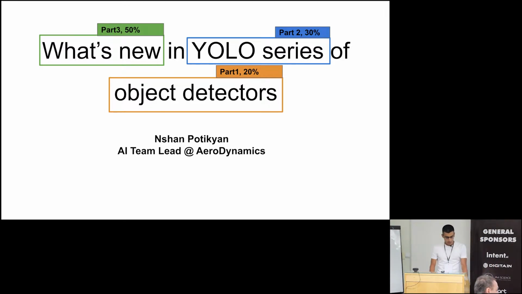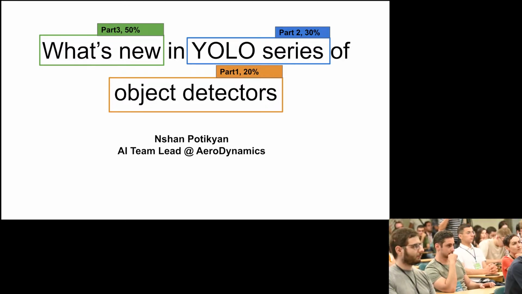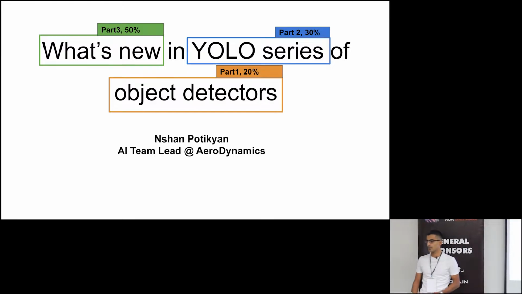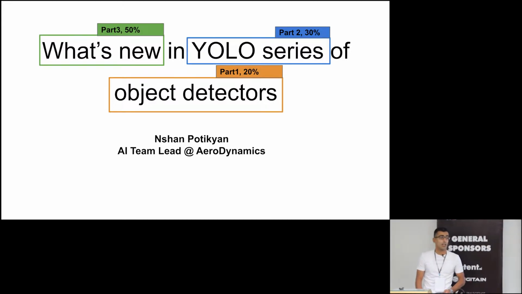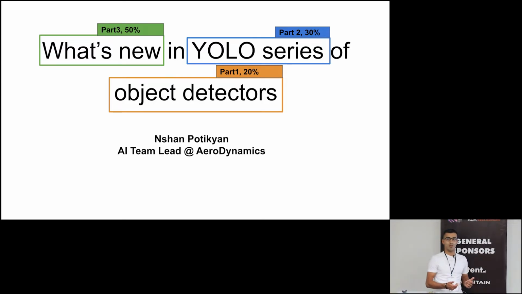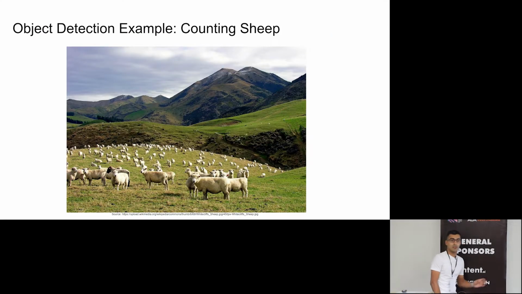So when speaking about object detection, I'm sure many of us in our daily lives are using it, but maybe we're not paying much attention to that. The basic example that comes to my mind is when we're trying to count something by looking at some image. So, for example, I think you have seen this episode from Mr. Bean when he's counting number of sheep in an image, and they say it helps people to fall asleep quickly.